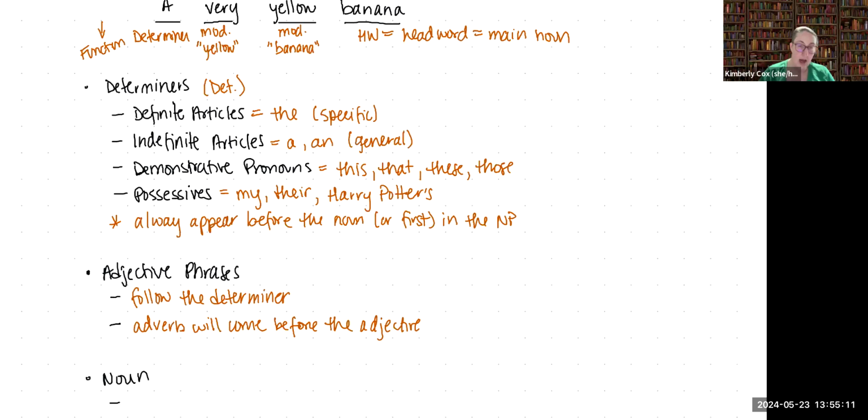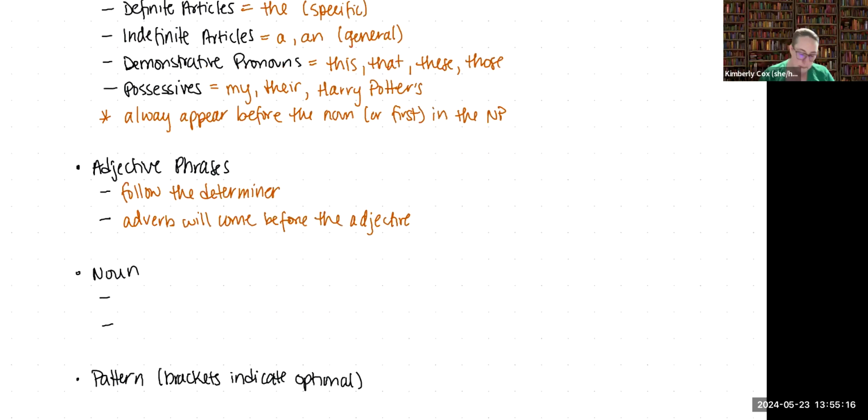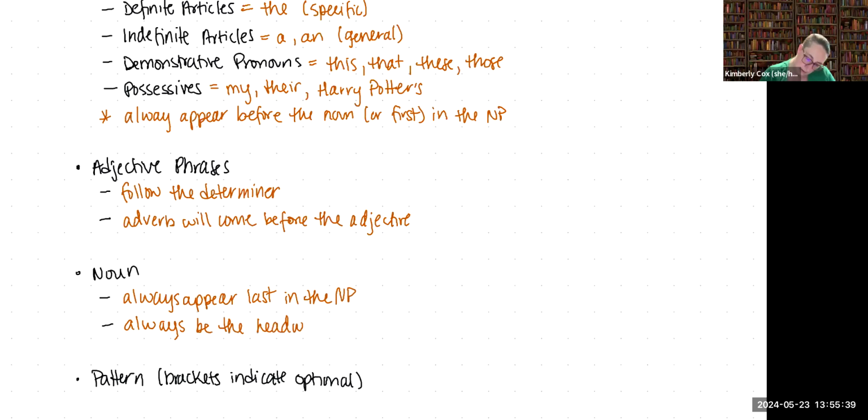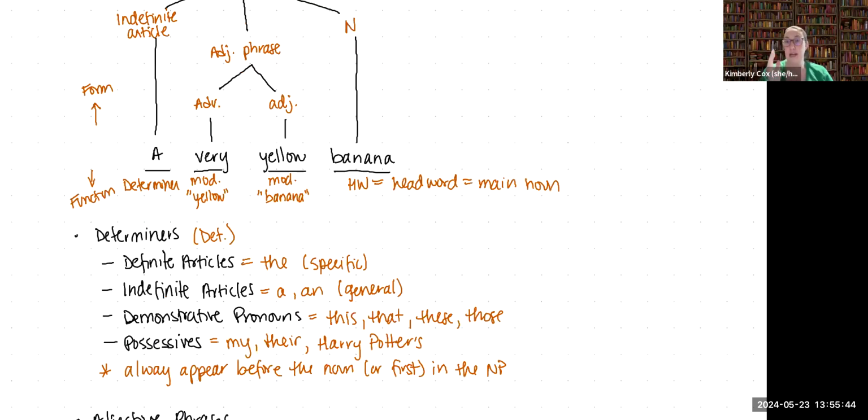In terms of nouns, and I'll scroll down a little bit, they will always appear last in a noun phrase, and they will always be the head word in the noun phrase. And I'll scroll back up to a very yellow banana.